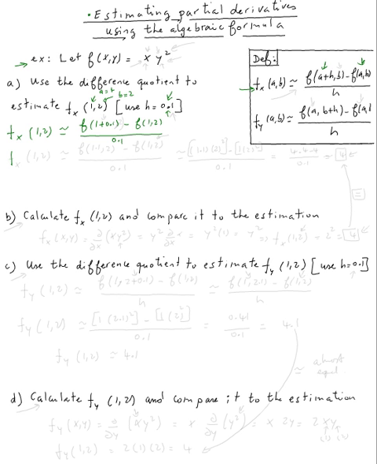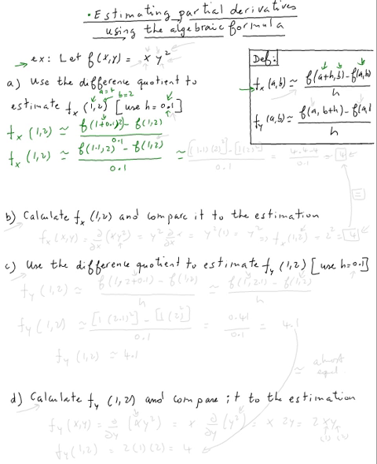Now, fx of 1, 2 is almost equal to: 1 plus 0.1 is 1.1, and then I need to write the b. The b is 2, and then close parentheses. So f of 1.1, 2 minus f of 1, 2 over my h.